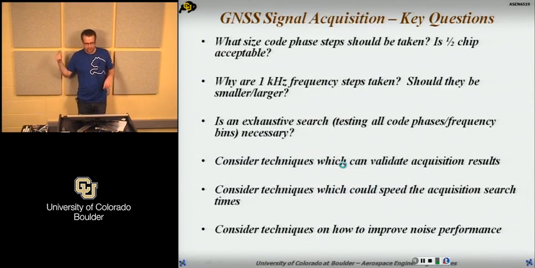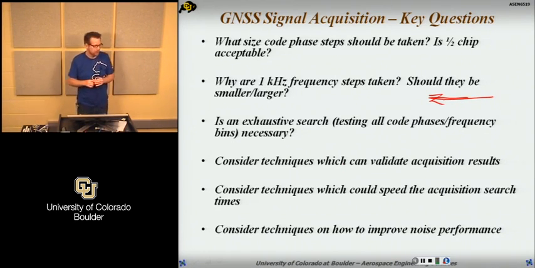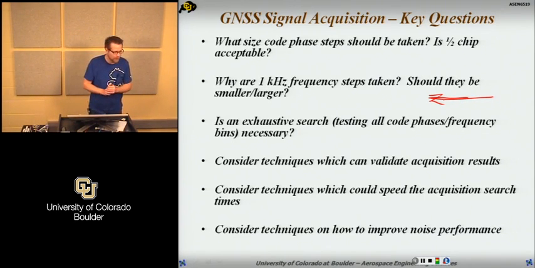So, here we got some key questions related to acquisition. I've kind of hinted at half a chip. It's kind of like the spacing we want, right? I did show you why we needed the kilohertz stuff, right? Or does this contradict what I said?